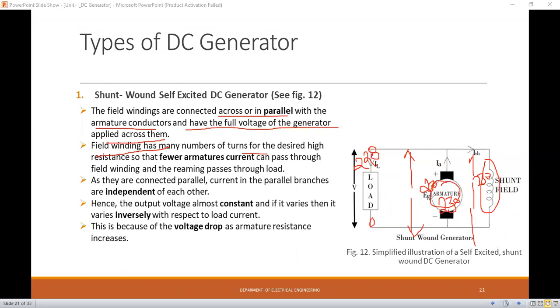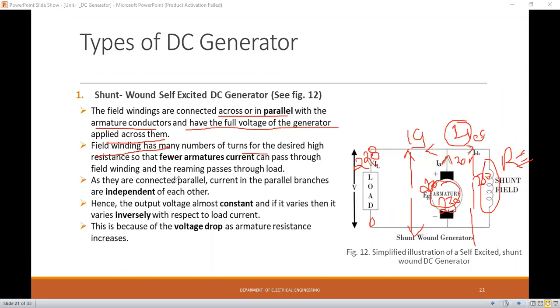Due to many number of turns, the resistance R is more. So the shunt field current flowing through this field winding is less. So suppose generator ने generate केलेला current suppose 20 ampere असेल, in that minimum current, or it may be near about 1 to 2 ampere current will be flowing through the field winding, and all other current will be flowing through the load, that is 19 ampere will be flowing through the load.